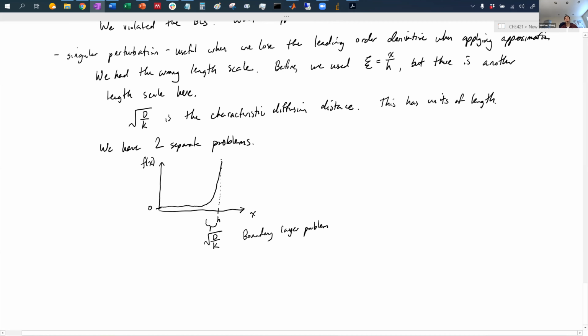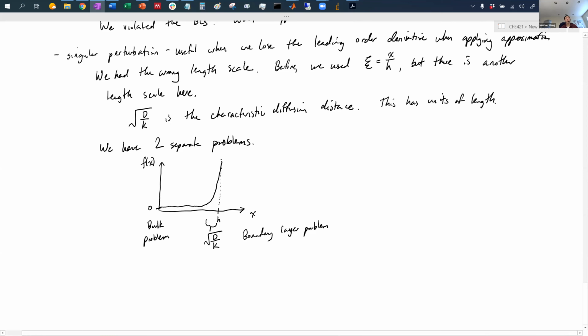Okay? That's basically where all the change in concentration comes in. And then, of course, out here beyond that, we have a bulk problem far away from the boundary.